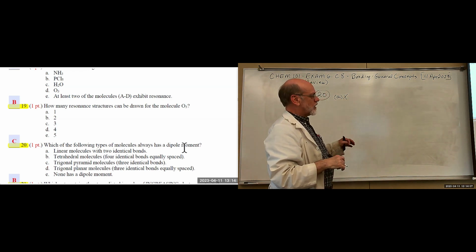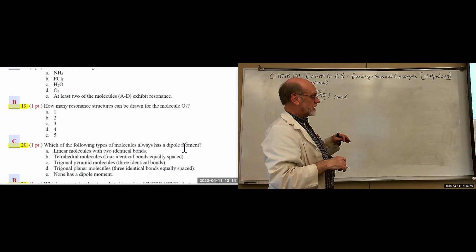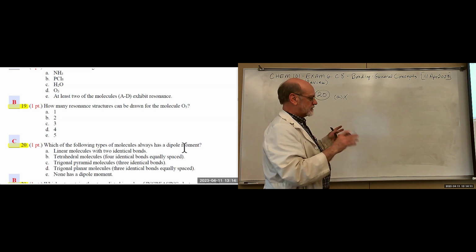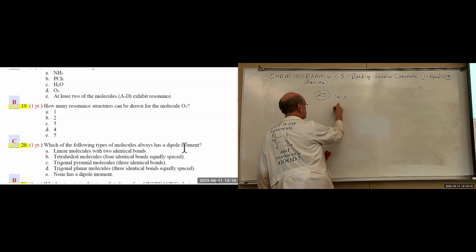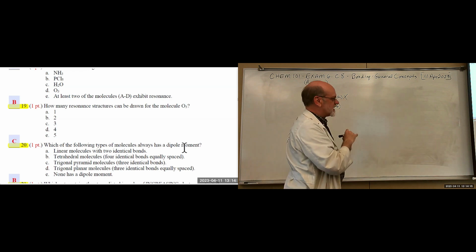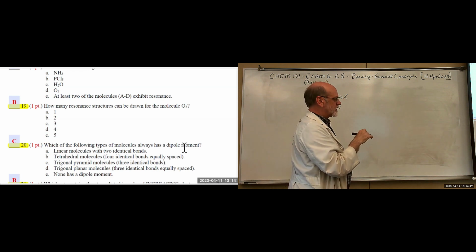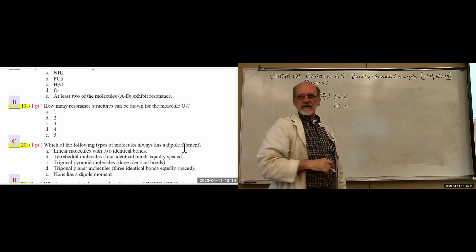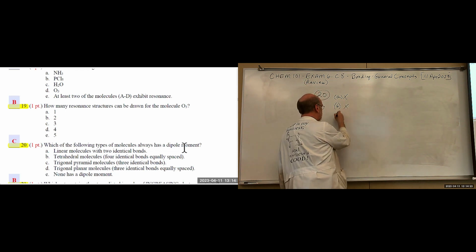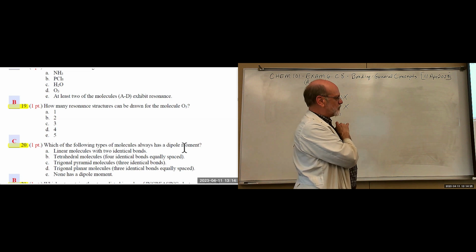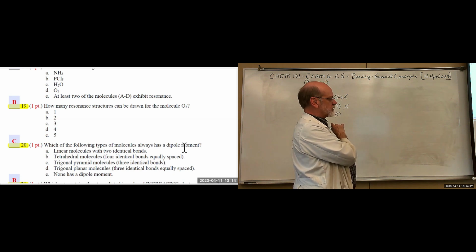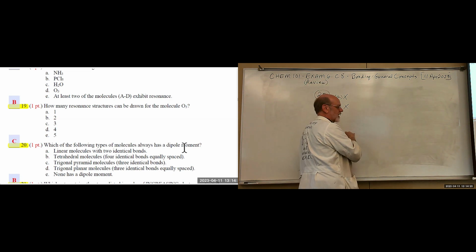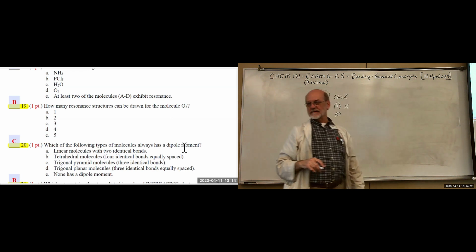Following types of molecules always has a dipole moment. Okay, so linear molecules with two identical bonds. No, they cannot be. How about tetrahedral? Four identical bonds equally spaced. Yep. They cancel each other out. How about C? Trigonal pyramid molecules, three identical bonds. Okay, how do you get a trigonal pyramid?